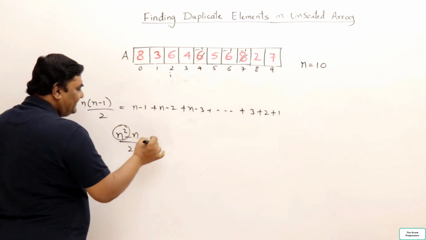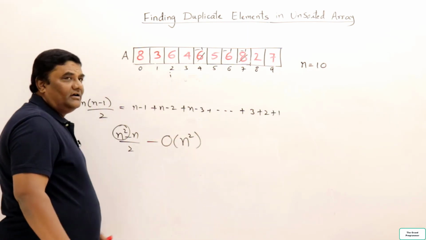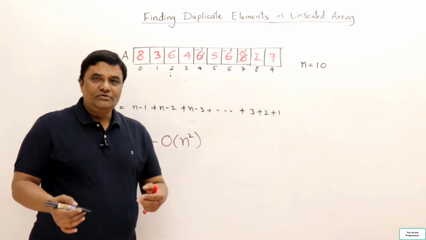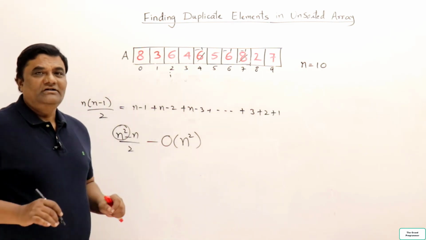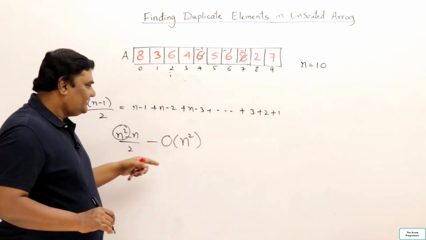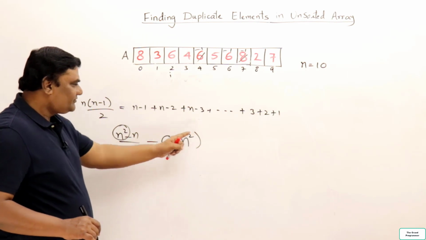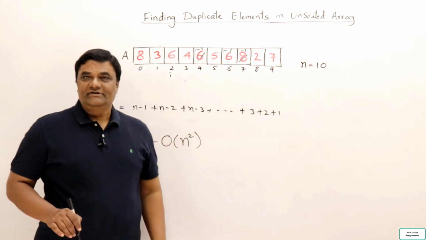So the degree is n square. So it is order of n square or big O of n square. Though we don't know what big omega is, let me call it order of that. So I will be simply calling it order of, that is degree of 2, that is n square. Degree is 2. So it is order of n square.